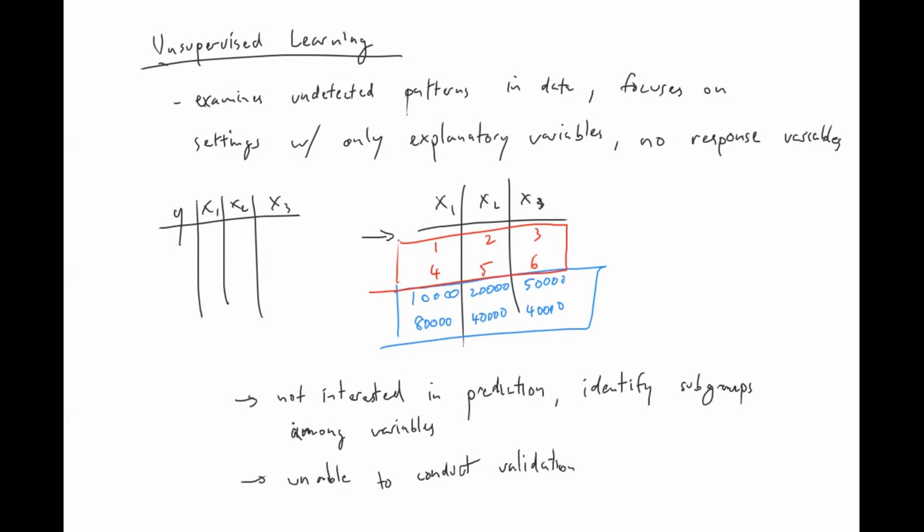And in this case, there is no actual outcome, right? There is no y variable that we can compare to. And so all of the stuff that we talked about in terms of cross validation or k-fold, that all gets thrown out the window here.